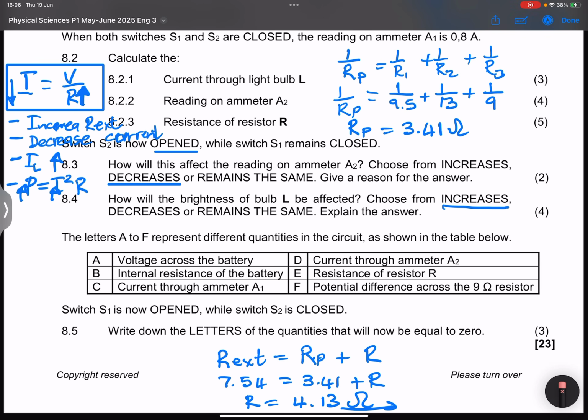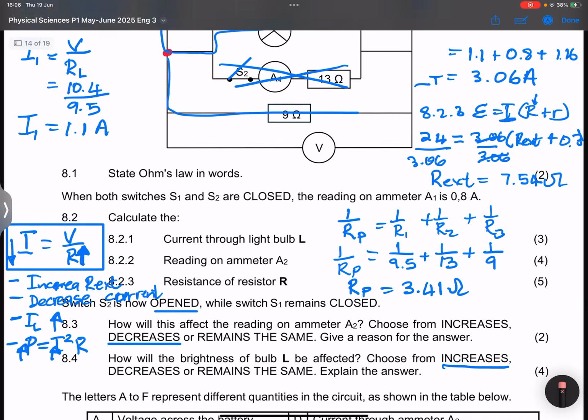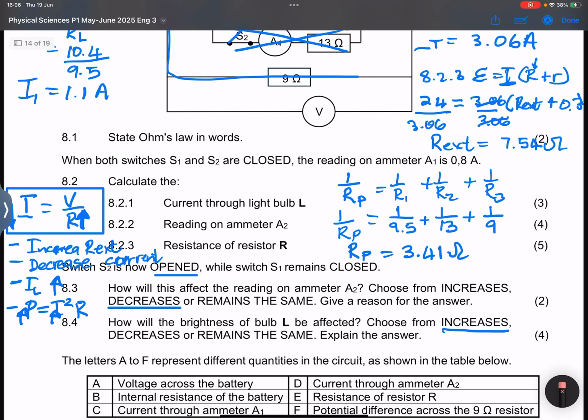Right, voltage across the battery, definitely we will still be able to measure voltage across that battery, despite the fact that there's no current flowing. In this case, the voltage that we'll get will be 24, because when there's no current flowing, the voltage across the battery is equal to the EMF, right?